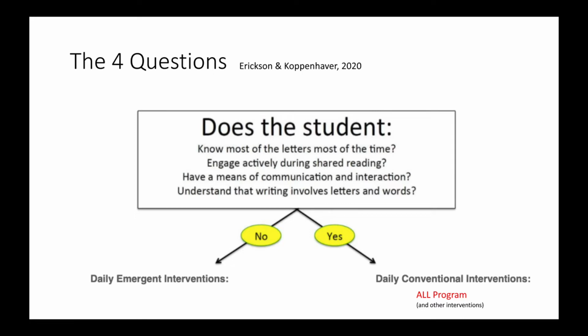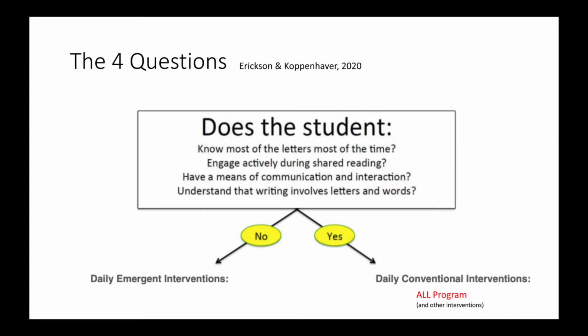The third question is also somewhat nuanced. Does your student have a means of communication and interaction? To answer yes to this, they have to use AAC to communicate for a variety of functions like commenting, telling you what they want, and sharing their ideas.